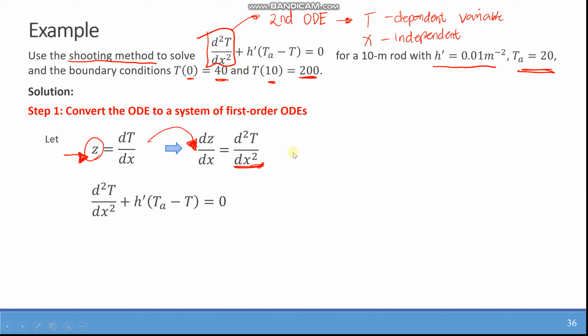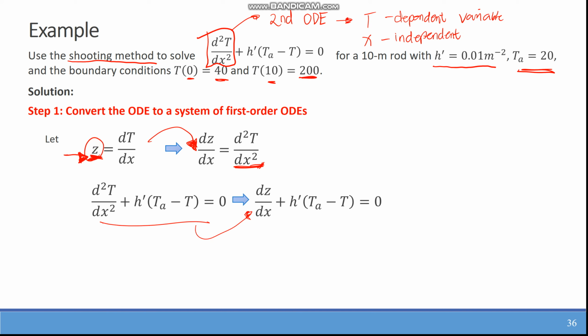And if we substitute that into the equation, it will become this one. Instead of the second order ODE, we have the first order ODE: dz over dx plus h prime times the quantity (T sub a minus T) is equal to 0. Take note that you can use other variables for this one.